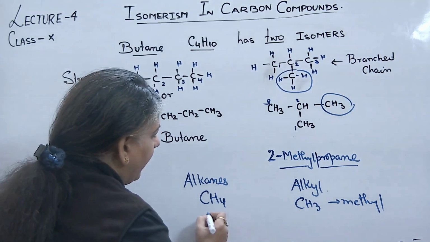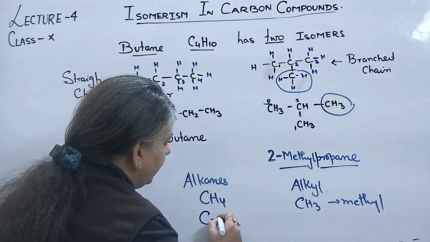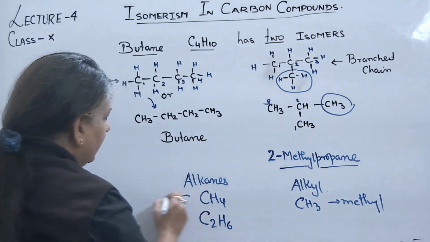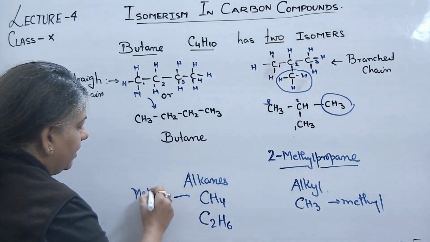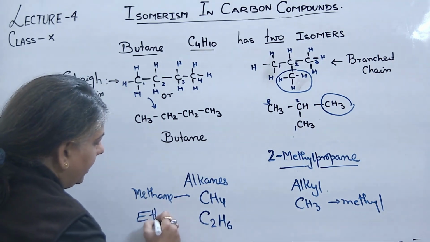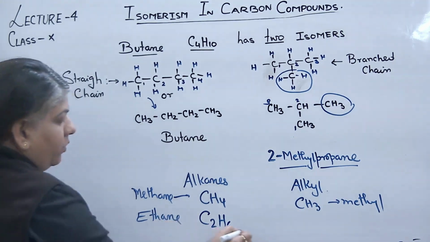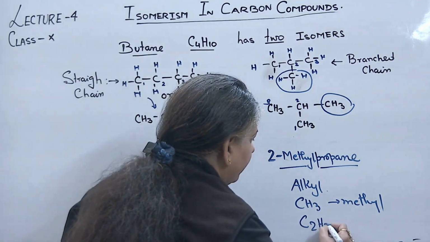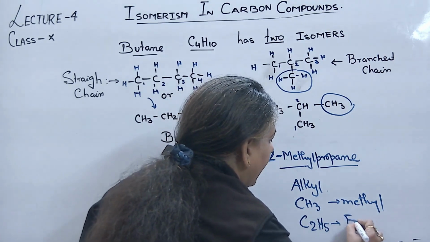See, if you have the alkane C2H6, that is ethane, and this one is methane. By now you must be thorough with the name ethane. You remove one hydrogen, you get C2H5. So this is called ethyl.